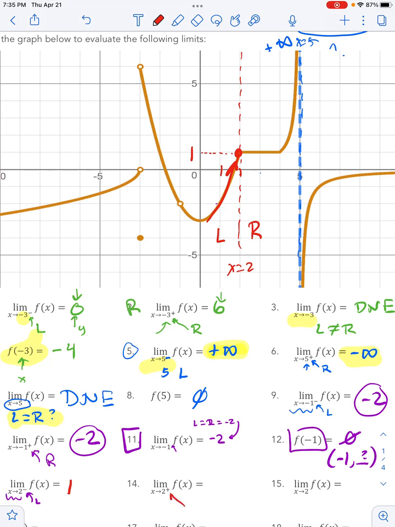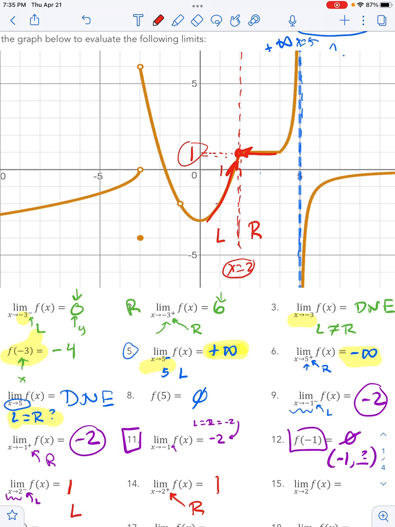How about if we do the same thing in number 14, but from the right? So I go to my 2, I get on the graph from the right of it and head in towards that line where x is 2, and I'm going to the same dot, which is still located at 1.